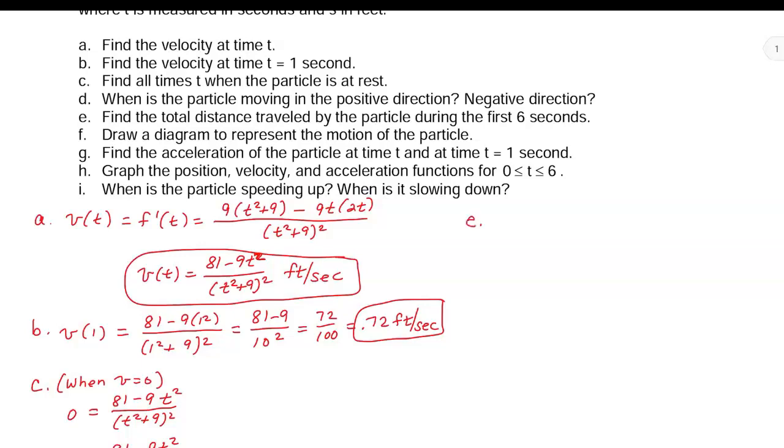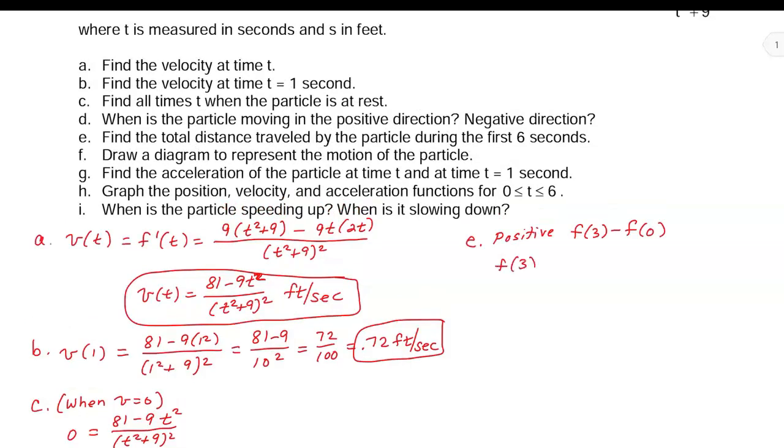Part E, find the total distance traveled by the particle during the first 6 seconds. We know that it was headed in the positive direction from 0 to 3. So I'm going to check f of 3 minus f of 0. That's the change in the direction. I'm just subtracting the 2.